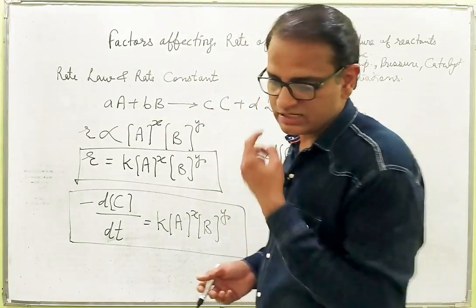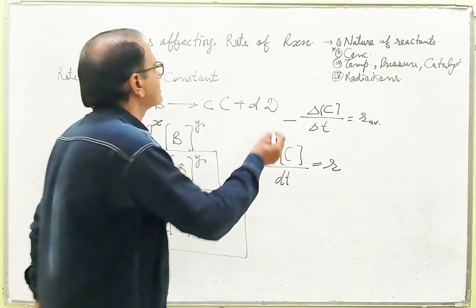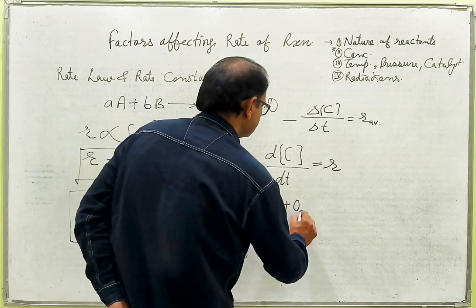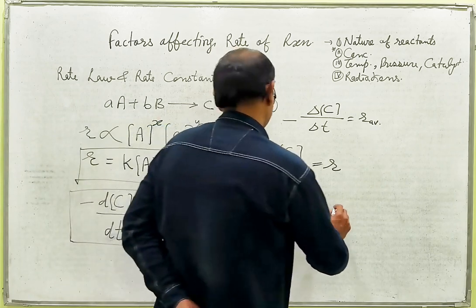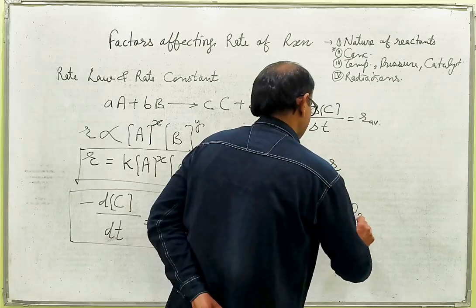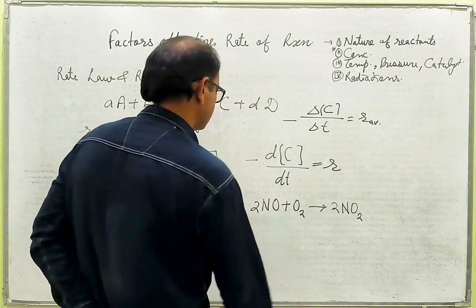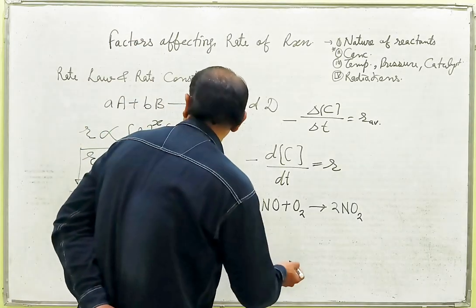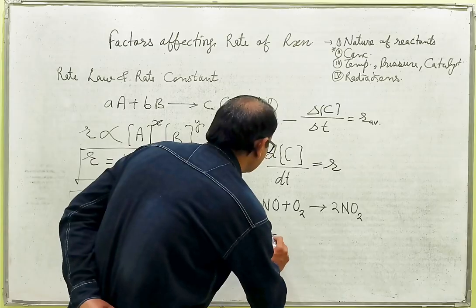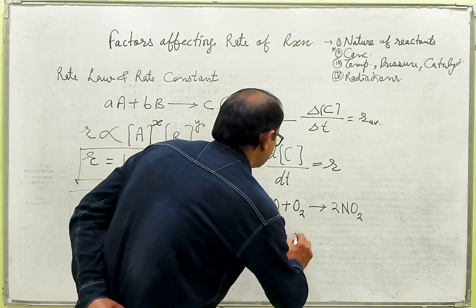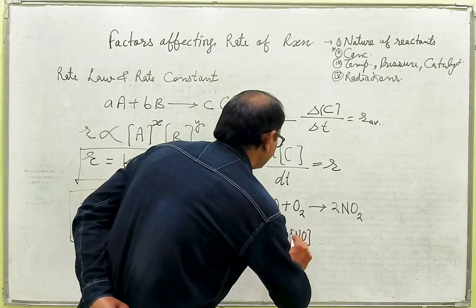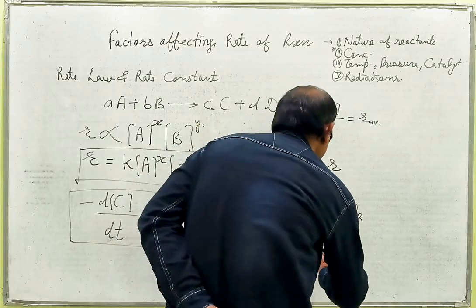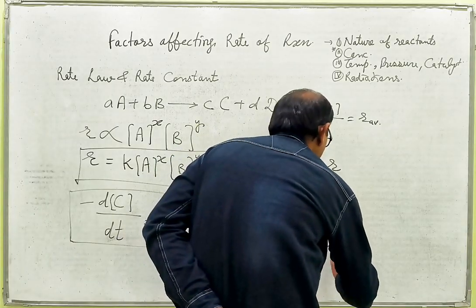Say a general reaction, let us take NO plus O2 is equal to 2NO2. This is a reaction, and the rate law for this reaction is R is equal to K concentration of NO raised to power 2 times concentration of O2 raised to power 1.